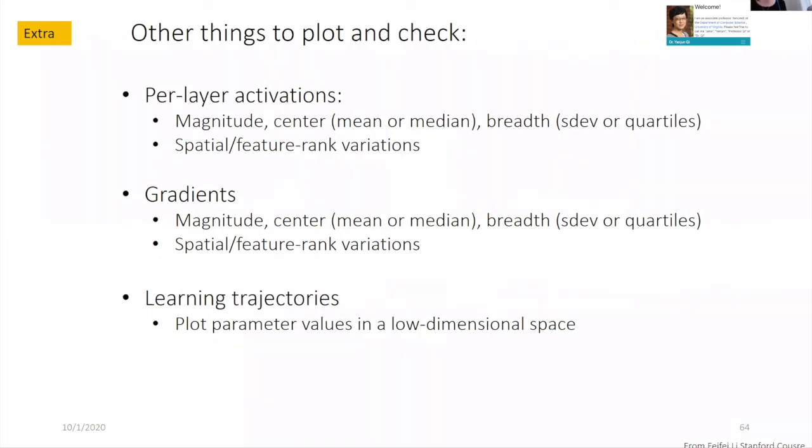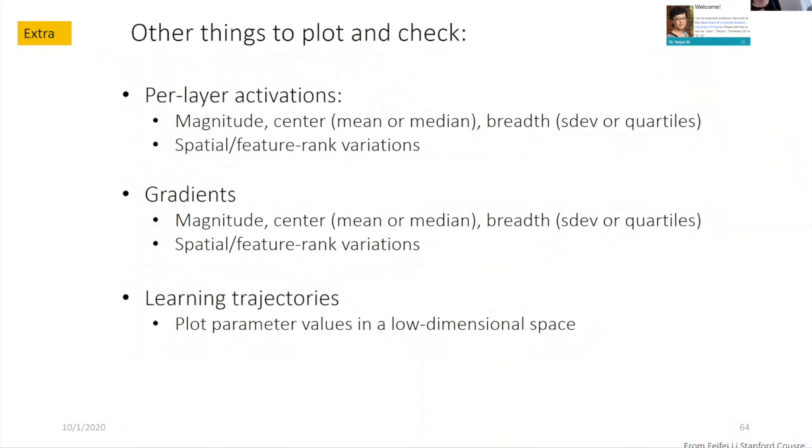So for example, the per layer activation, that is every layer's output variable H1, H2, and plot their magnitude, their variations. This can actually tell you a lot about the underlying behaviors of your model, and also plot the gradients' magnitude, gradients like spatial or feature rank variations.